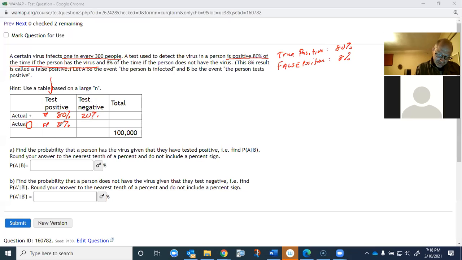And if there's 8% here, that means there's 92% here. This 80 and 20 have to add up to 100, and 8 and 92 have to add up to 100%. And these negative tests, if you test negative and you're actually positive, that's called a false negative. And if you test negative and you actually are negative, that's a true negative. So you really want to be in this group.